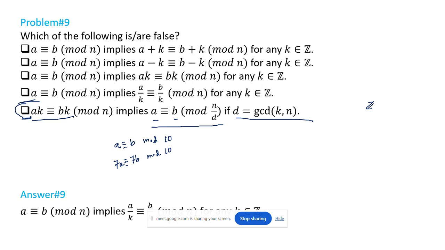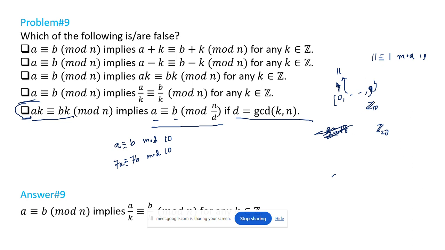What I mean to say is that for Z10, the numbers are 0 to 9. All these values 0 to 9 are unique elements. 1 also maps to 11, and 11 is congruent to 1 modulo 10, right?